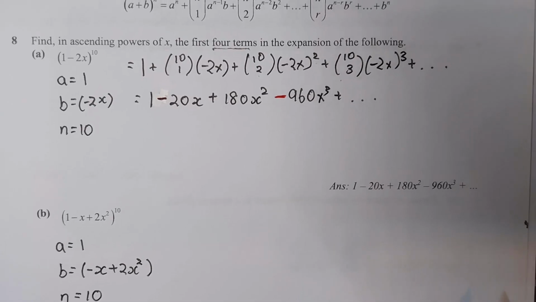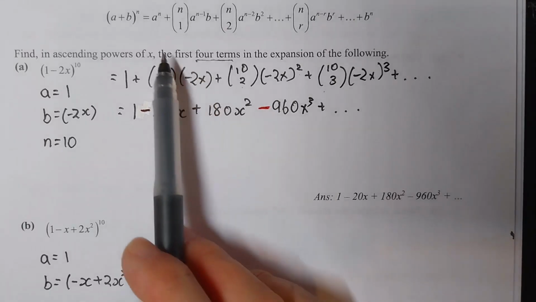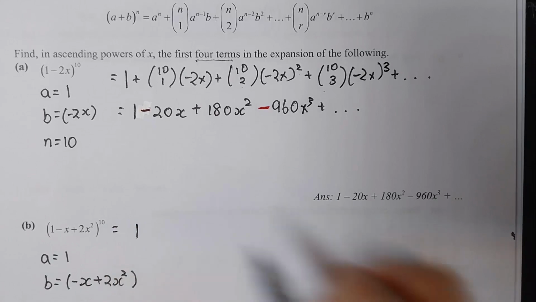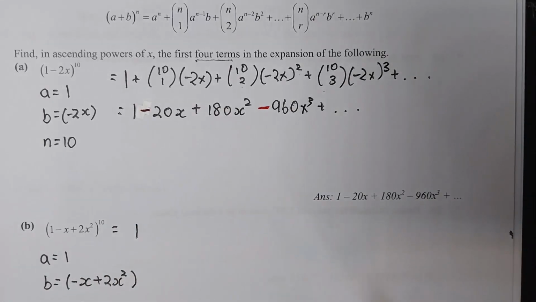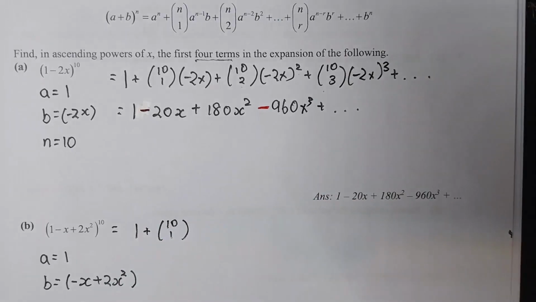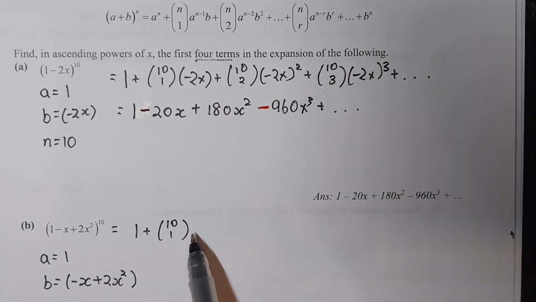All right. So I'll shift this up a bit. Just remember n is 10 so that we can see the formula here. So what we'll get is 1 power 10 plus 10 choose 1 multiplied by the value of a, which is 1. So we just ignore it.